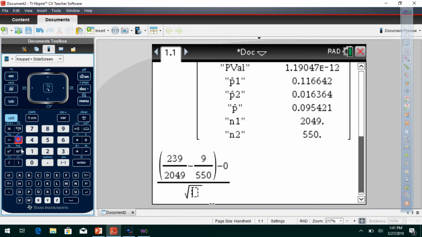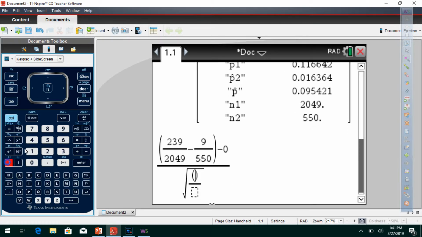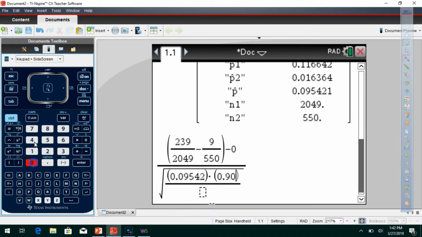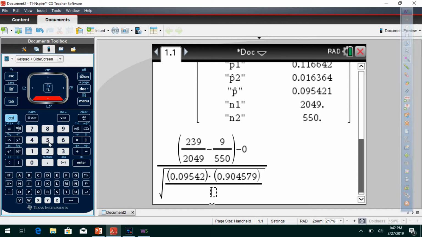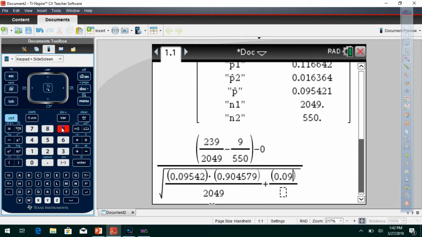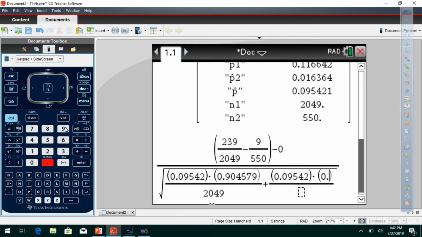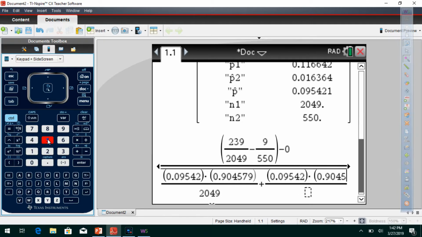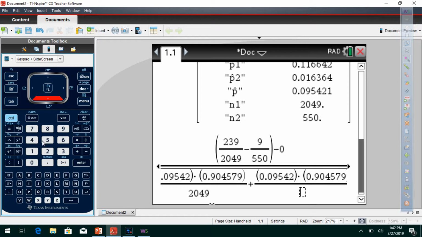Now we want the square root here. And we're going to have 0.09542 times 0.904579 over 2049 plus, and again we got to put the same thing, 0.09542 times 0.904579 over 550.